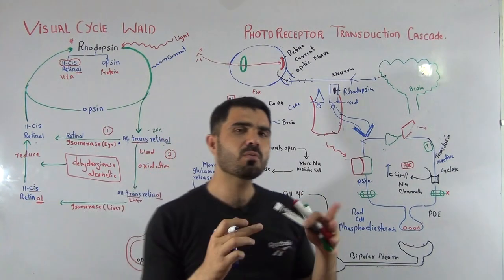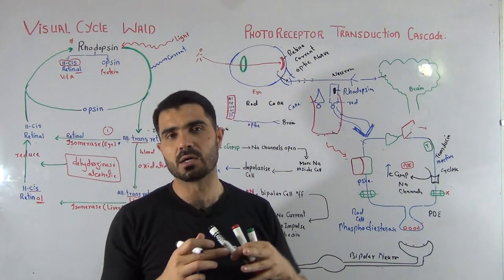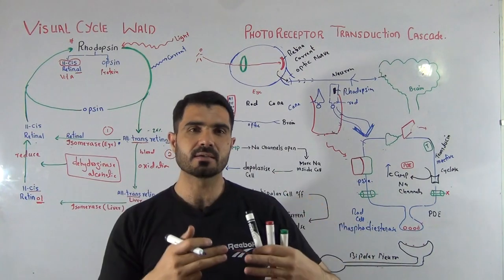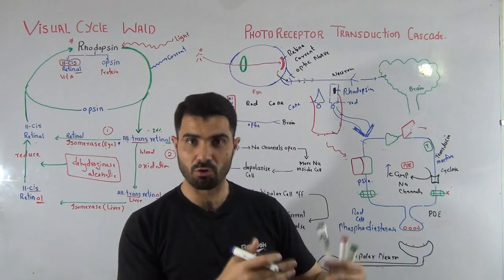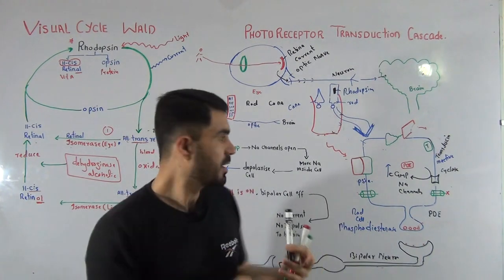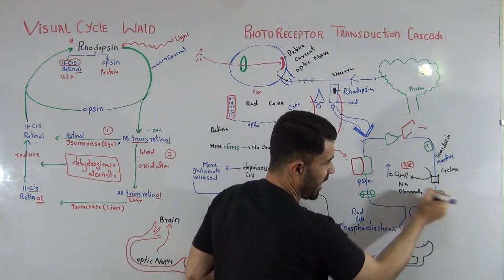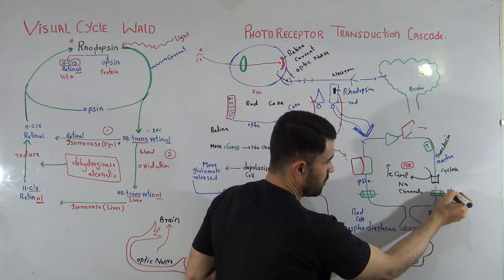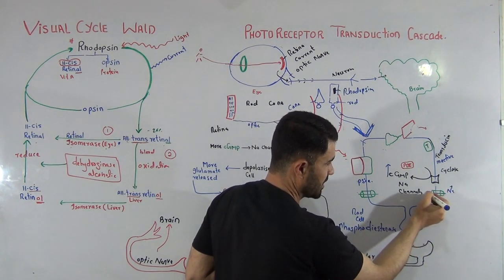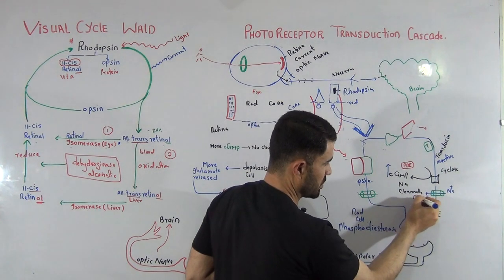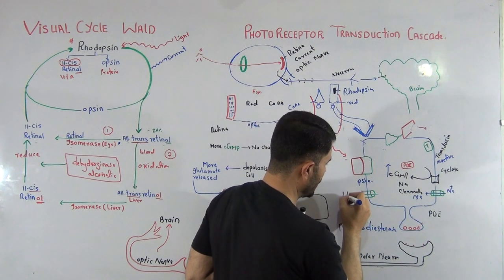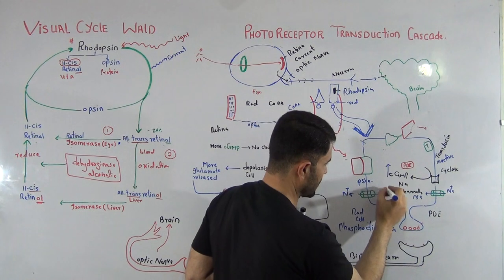The cyclic guanosine monophosphate are the guards standing at the gate or door of some institute. So they allow this door, this channel, to open so that sodium from outside enters inside. Sodium plus from outside enters your cell.